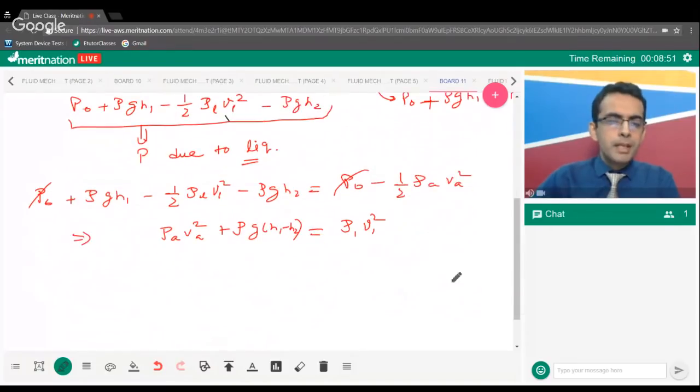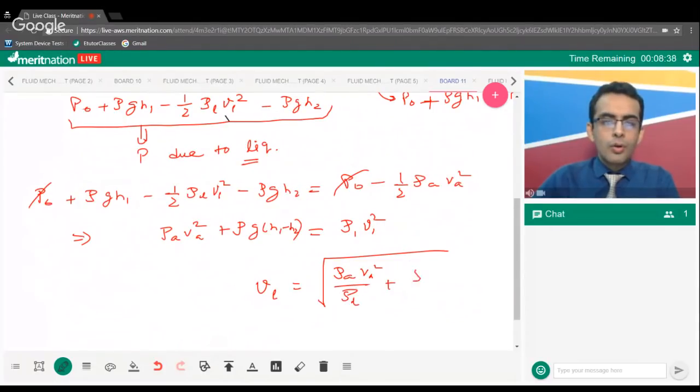So simply, you should say that the velocity of liquid is equal to the square root of rho A VA square divided by rho liquid plus rho G into H1 minus H2. In the given question, we were asked what velocity of liquid is proportional to.